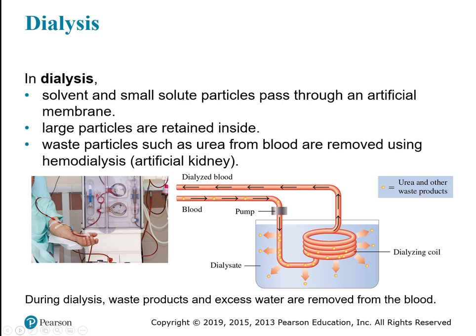So it does the job of a kidney. So you're going to remove waste products, excess water, and things of that nature with the dialysis process. It takes several hours, and it's not fun. So hopefully you don't know what dialysis is from experience or from someone in your family. But if you do, you know this process is very essential for maintaining someone's life, because you need to get rid of those waste particles.